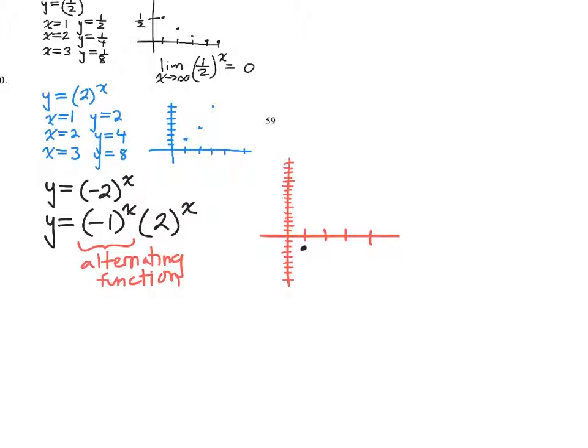If I plug in a 2, I'm going to get a 4, but it'll be positive. 3 is going to be negative 8. 4 is going to be positive 16. If I plotted 5, that would put me down here somewhere at negative 32. So what's happening is the points are kind of fanning out.